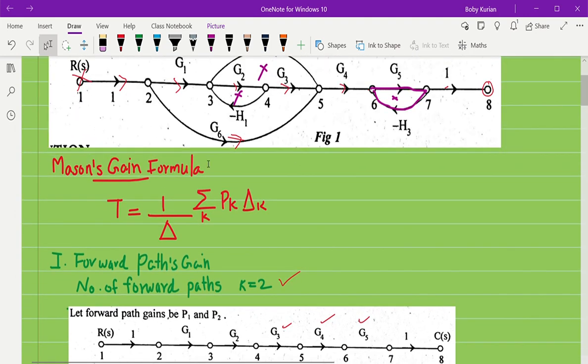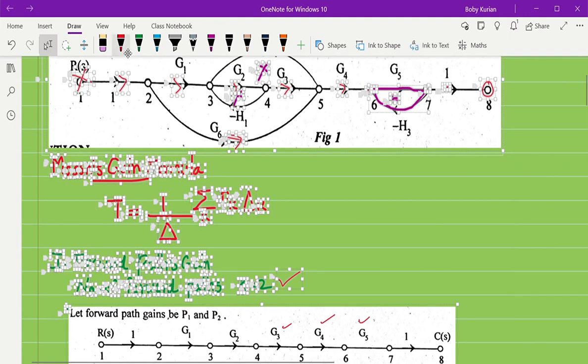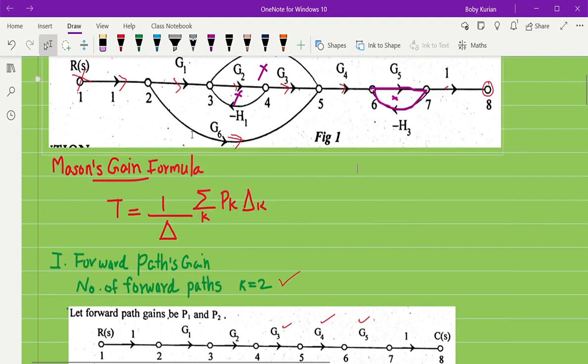You can see here in this figure, this loop and this loop are two non-touching loops. In fact these two loops are touching loops. Again you can see this loop and this loop, these are also two non-touching loops.